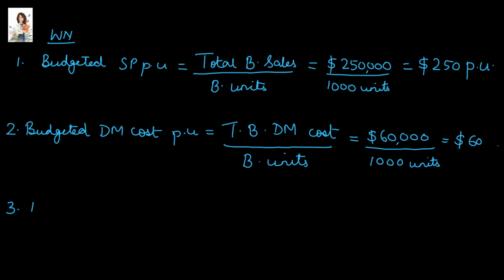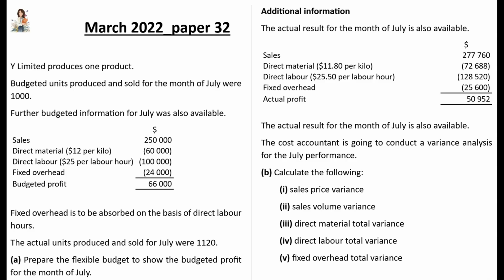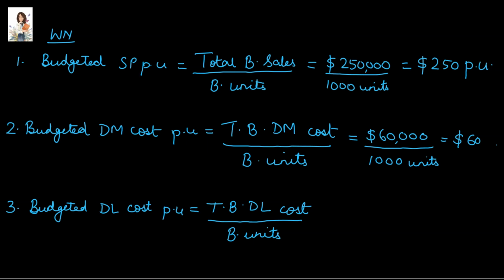Working note 3, budgeted direct labor cost per unit is equal to total budgeted direct labor cost divided by budgeted units. Budgeted direct labor cost was $100,000 and budgeted units were 1000. So in our working note 3, we'll write $100,000 divided by 1000 units.